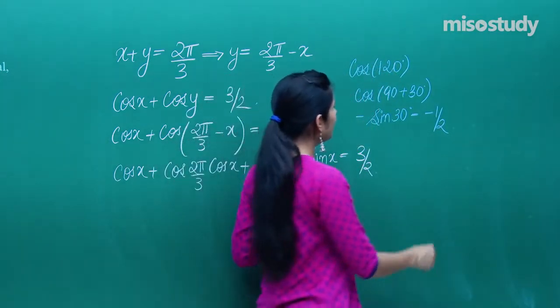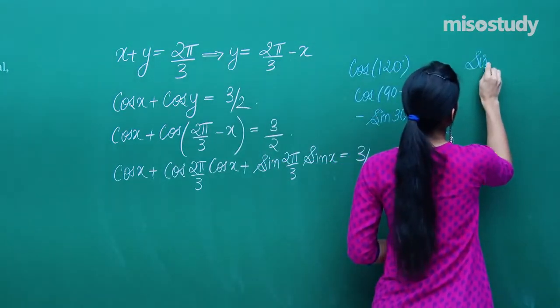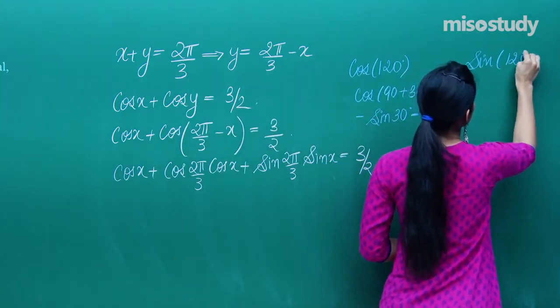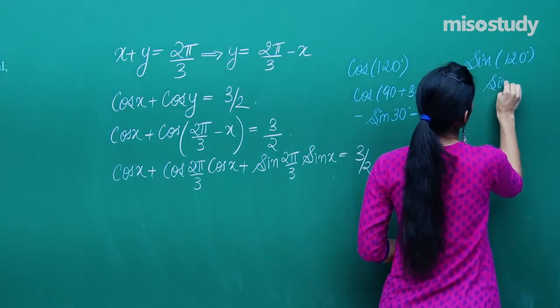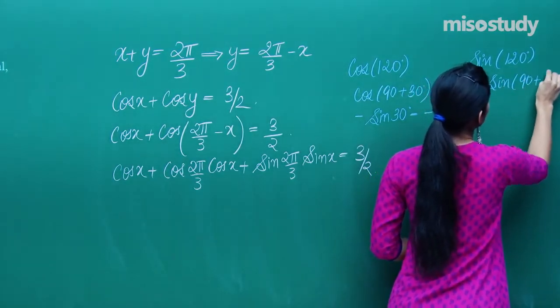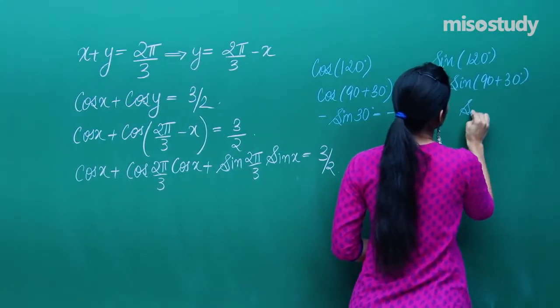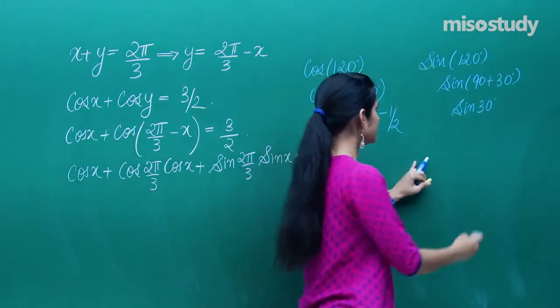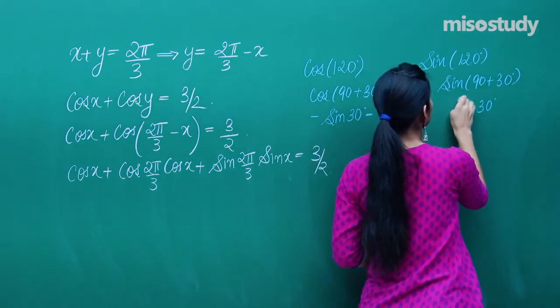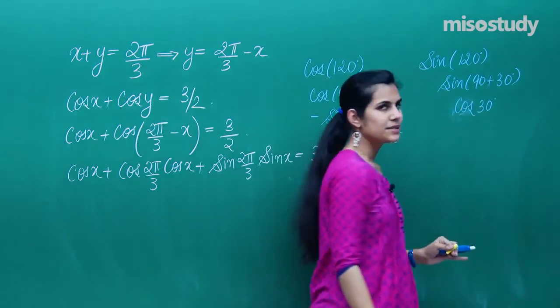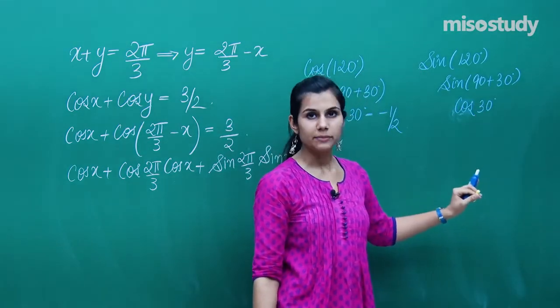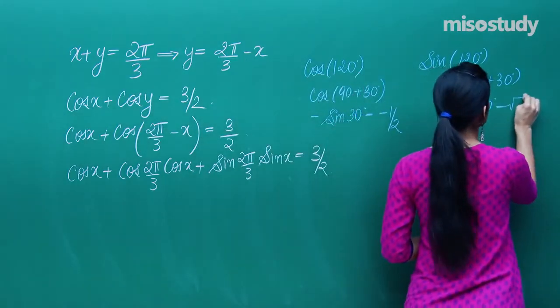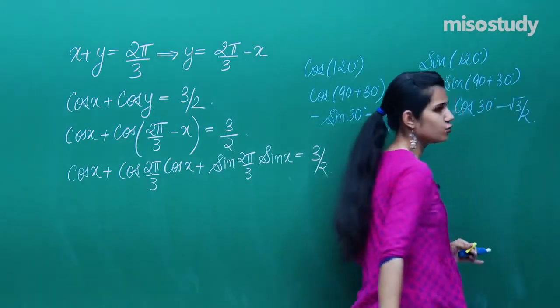Whereas sin 2 pi by 3, sin 120 is sin of 90 plus 30, which is just cos 30, sorry. Sin 90 plus theta is cos theta without any minus sign, which is root 3 by 2.